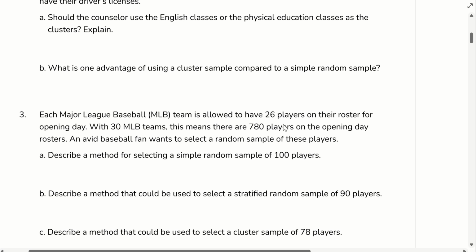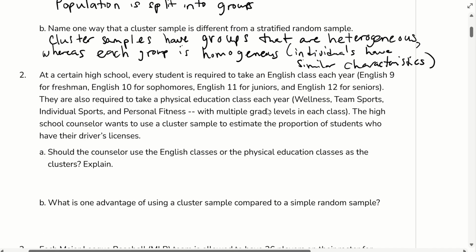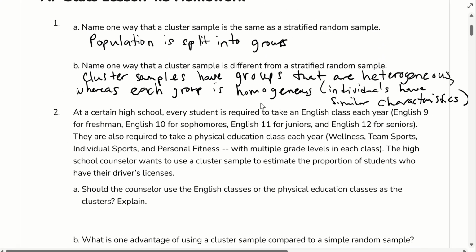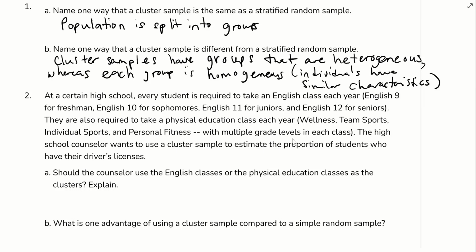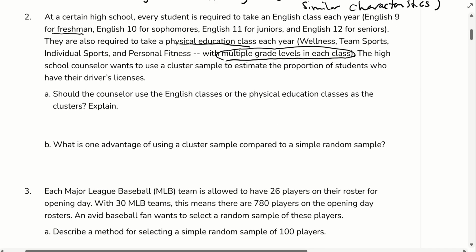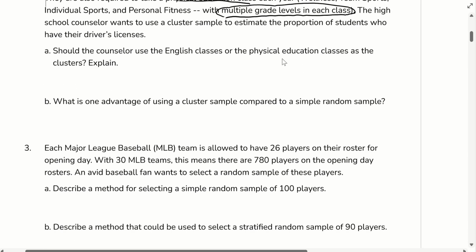So if the counselor uses the physical education class, then you'll have all the grade levels, right? It says here that the physical education classes each year have multiple grade levels in each class. So this is the key here. Whereas in the English class, it's English 9 for freshmen, then sophomores, so they're individual. They should use the physical education classes because if we're doing a cluster, we want the population to be heterogeneous.